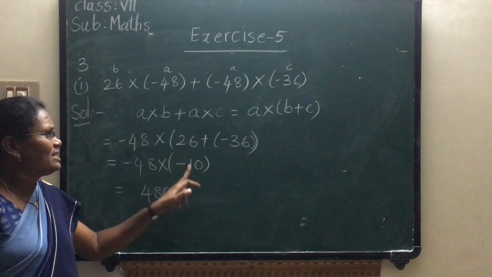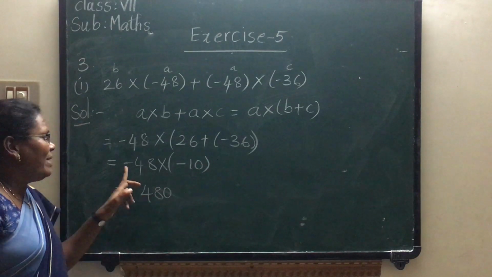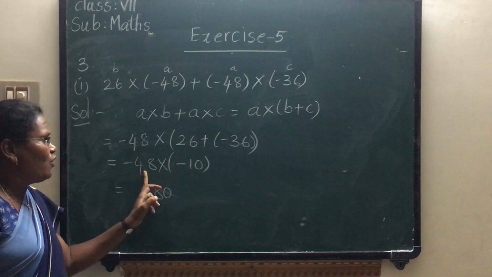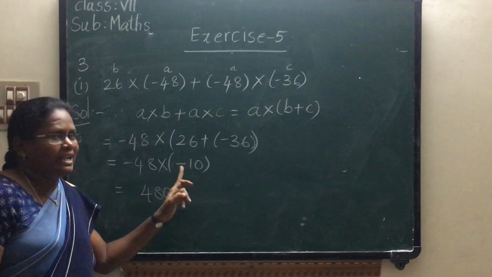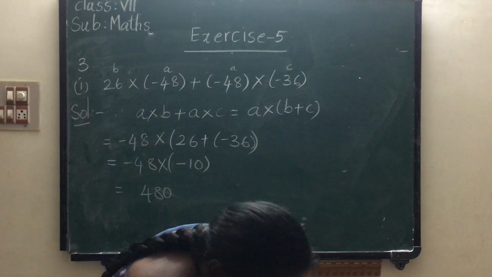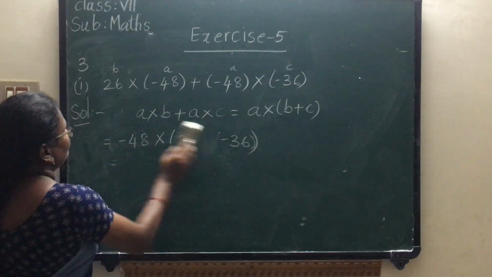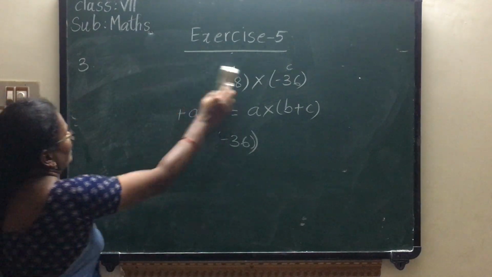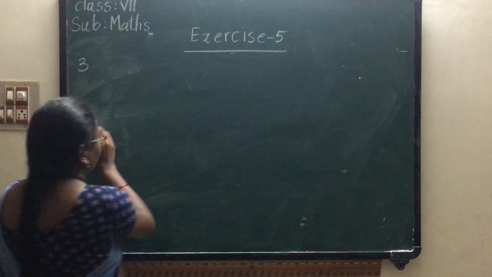Minus 36 plus 26 is equal to how much? Minus 10. Minus 48 into minus 10. 48 tens are 480. Minus into minus plus. Second sum is the homework for you.